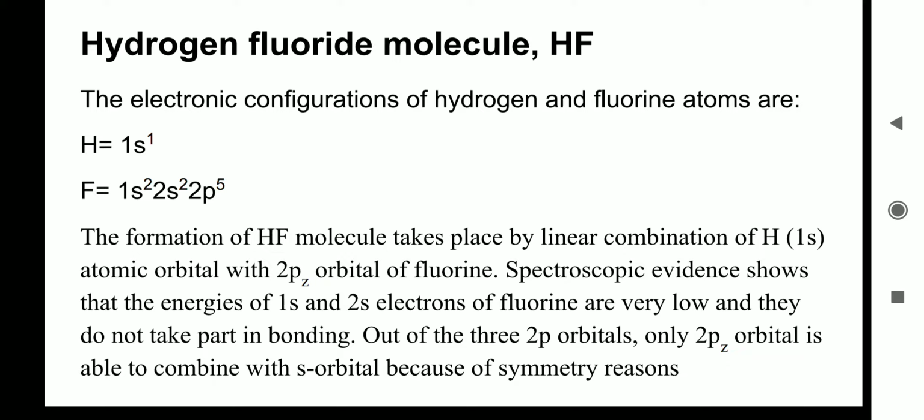So there is no symmetry problem in the head-on overlap of these two orbitals, and thus 1s1 of hydrogen will only overlap with 2pz of fluorine, which contains 1 electron.